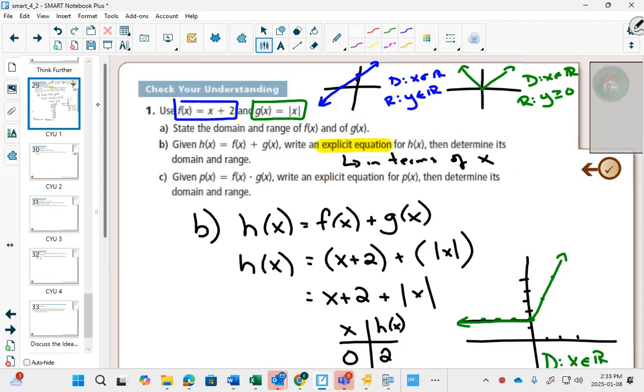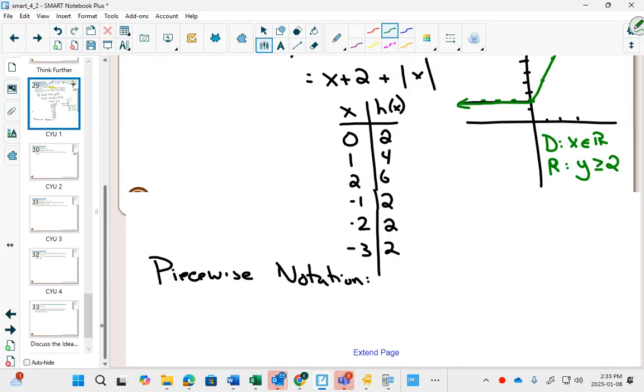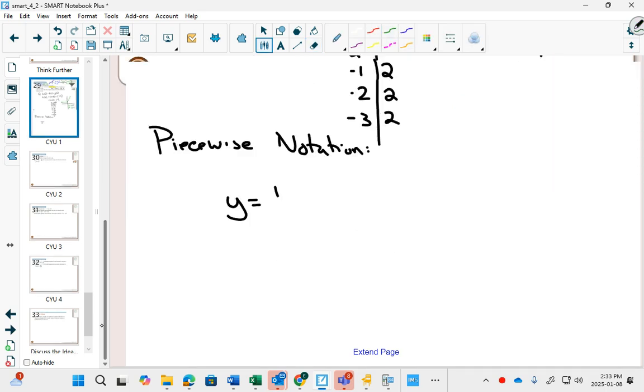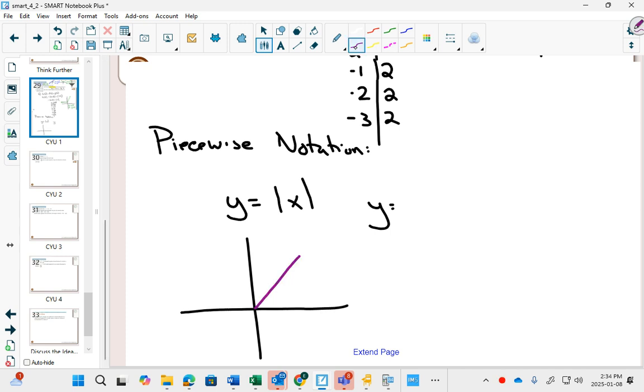The most common or the very first piecewise graph that most people see is actually the absolute value. You can write it as the absolute value of x, but can you see that it's two pieces or two lines put together? So if we think about the absolute value of x, here's the absolute value of x, I'm going to draw it in purple.